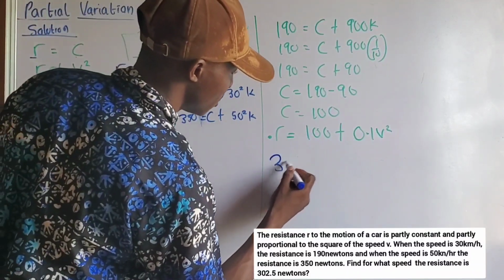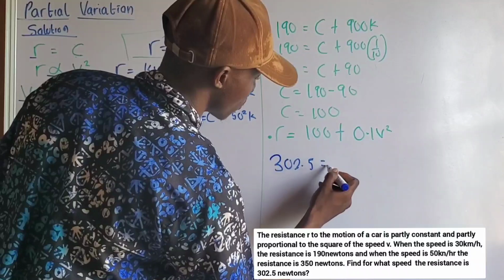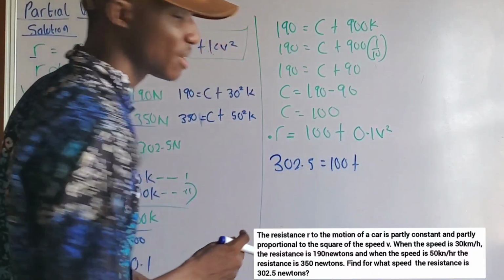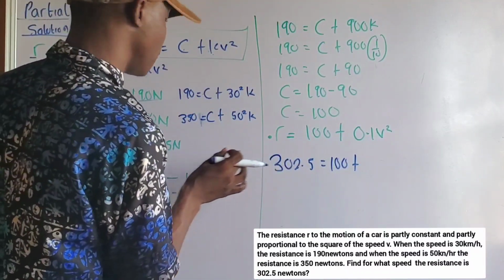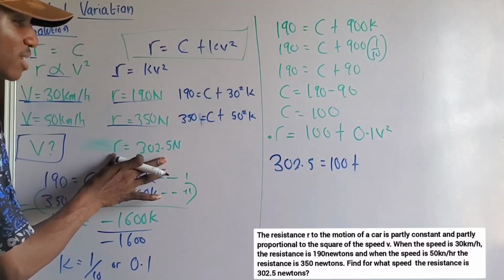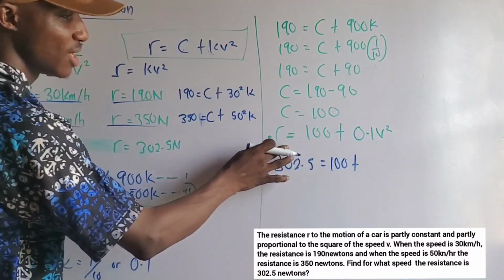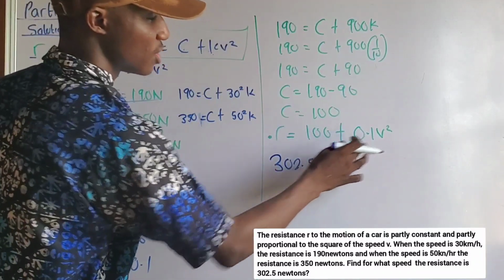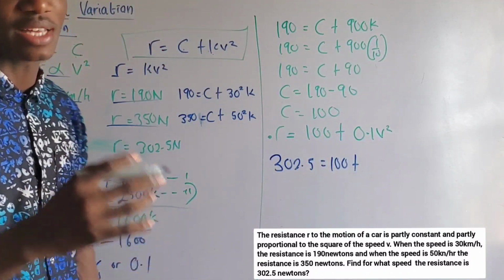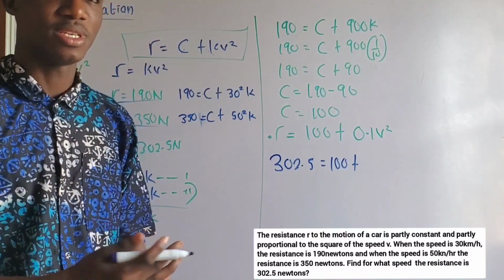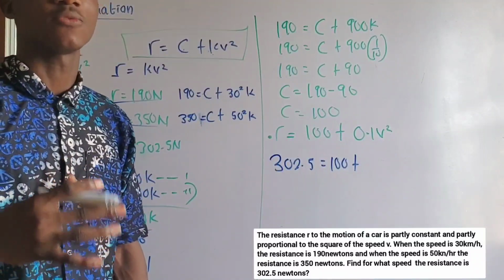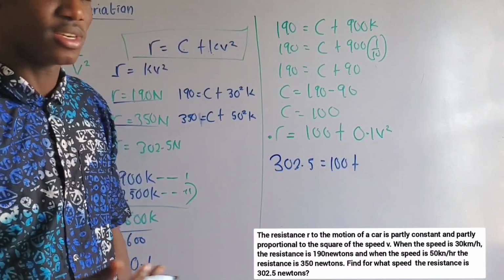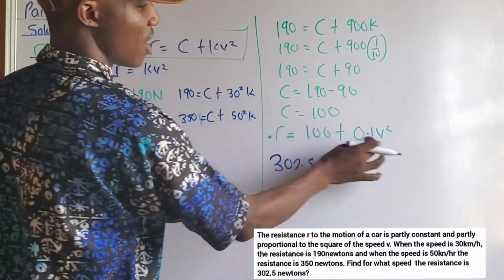So I'm going to have 302.5 equals 100 plus 0.1 v squared. You see, what I'm doing now is substituting the value of r as 302.5 into this equation. Are you getting it? This is the formula connecting both r and v. That is, at any given value of r, I can get the speed, and at any given value of the speed, I can get the r. You understand?